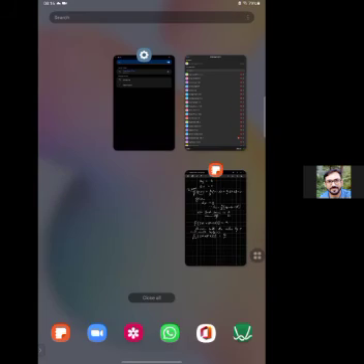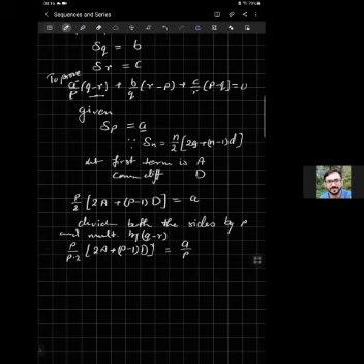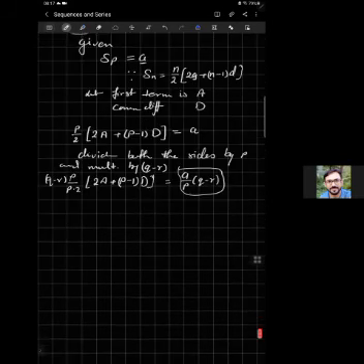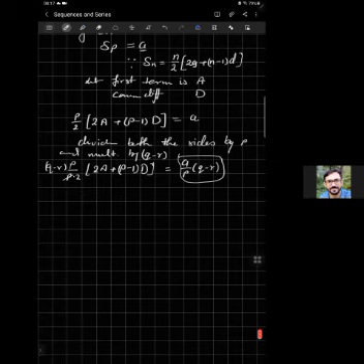Q minus R, Q minus R. Now see, this whole term and this whole term are the same. This P and this P will get cancelled.